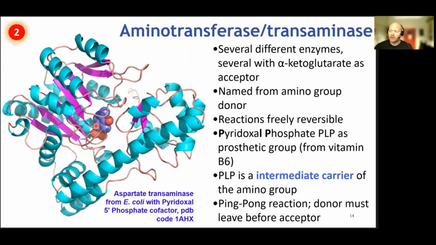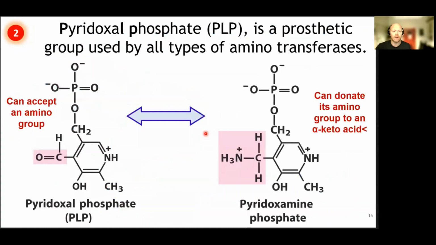This means that the donor must leave its amino group in the active site attached to pyridoxal phosphate, then it has to leave. Then the acceptor comes in, occupies the active site, and pyridoxal phosphate hands over the amino group to the acceptor molecule. Now, let's look at this reaction and the active site.